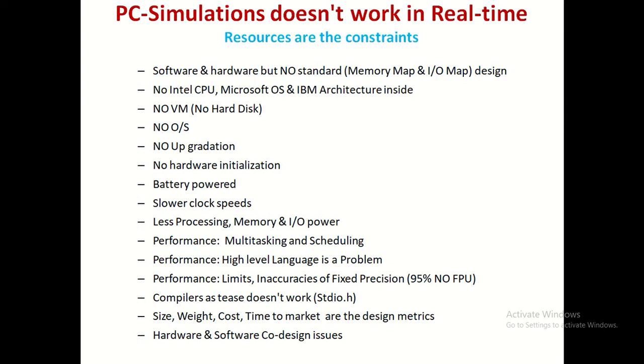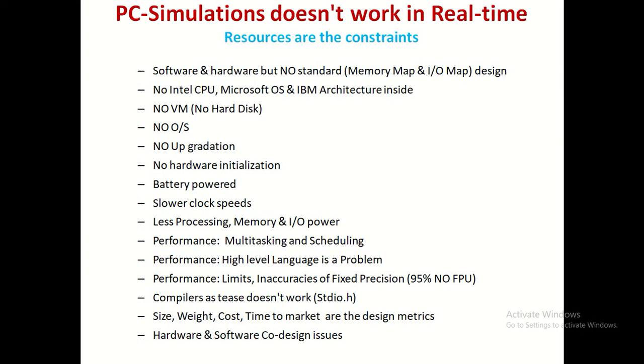So in this application, our standard input output is a serial port. That means my input is a serial port, my output is a serial port. It may be wired communication, it may be wireless communication, but finally STDIO in my system is a serial port. Like that, based on the application, every application has its own input output devices.